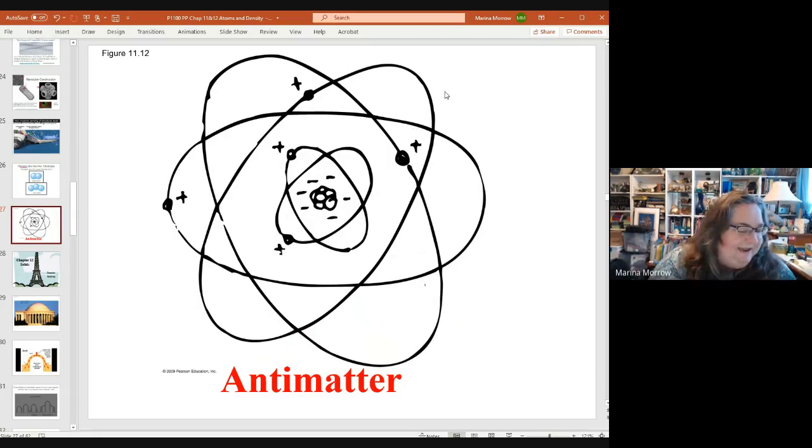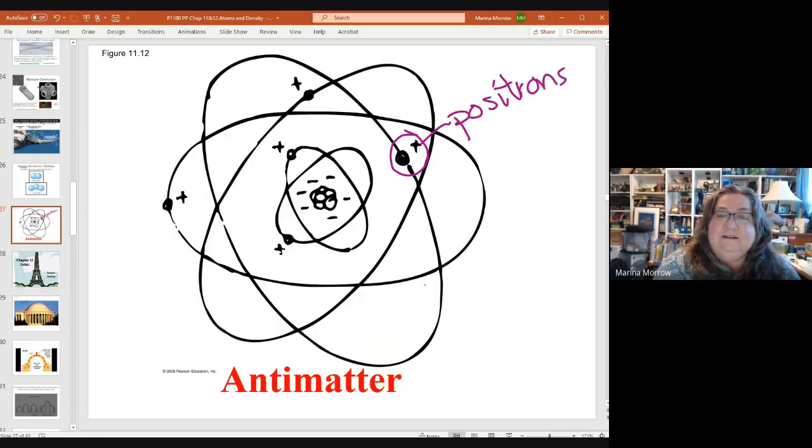So what we've got here is an antimatter atom. And if you look at it, it looks a little bit different. It's got positive electrons. Those are called positrons. And yes, they really exist. And in the nucleus, you'll notice it's negative.